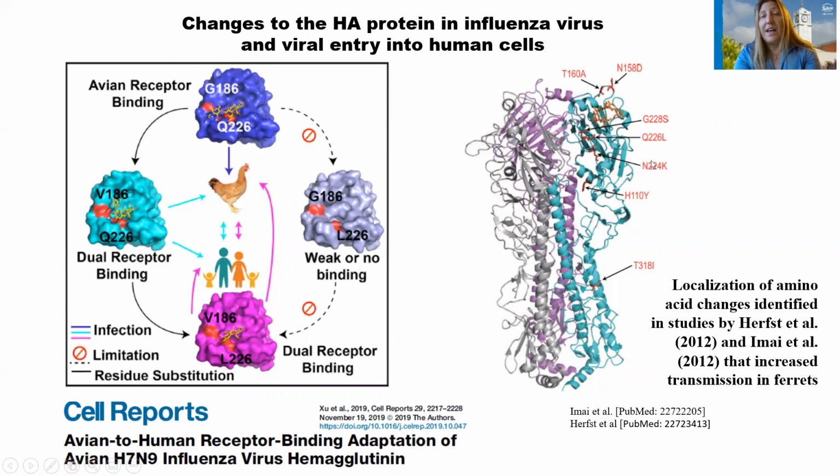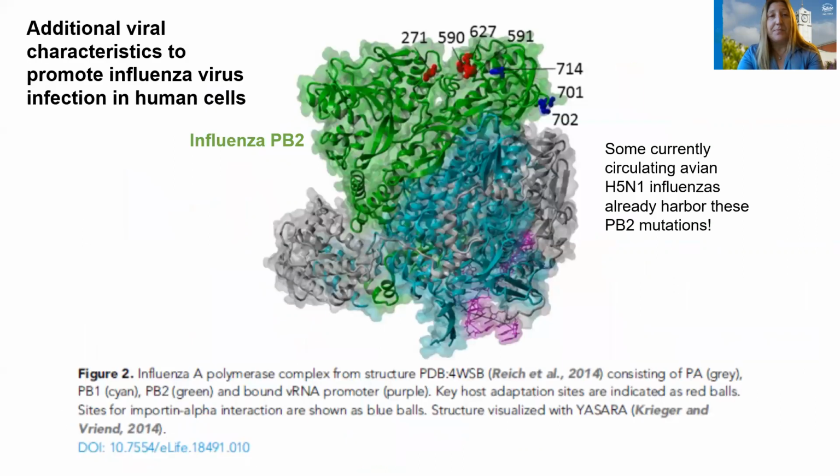And over here we have other changes that are known to increase viral transmission in a ferret model. So we know some of the changes for influenza HA to look for potential emergence of novel zoonotic influenzas.